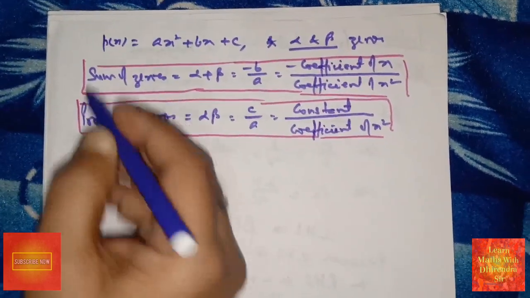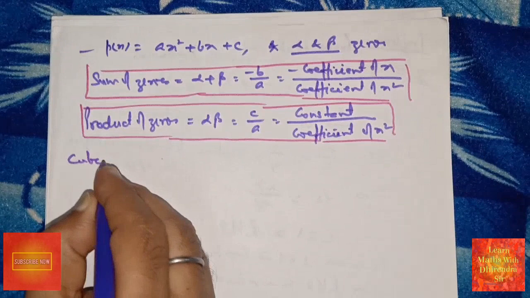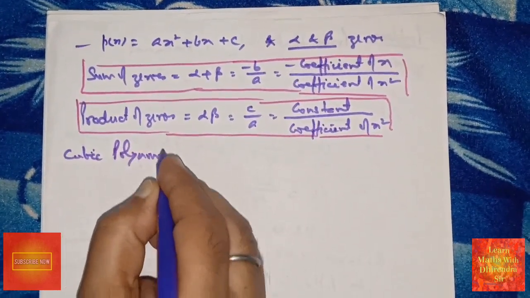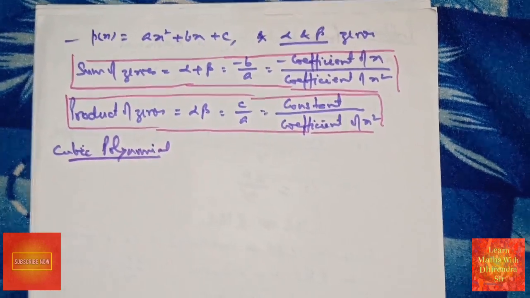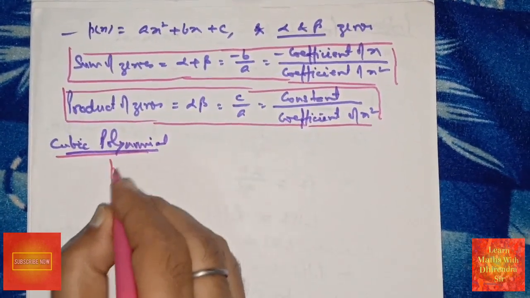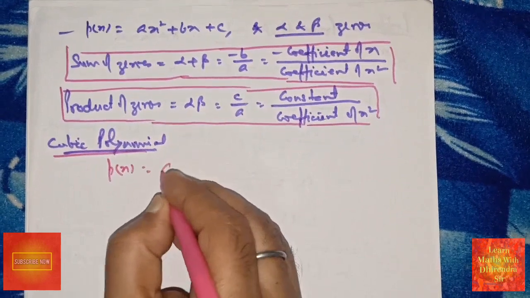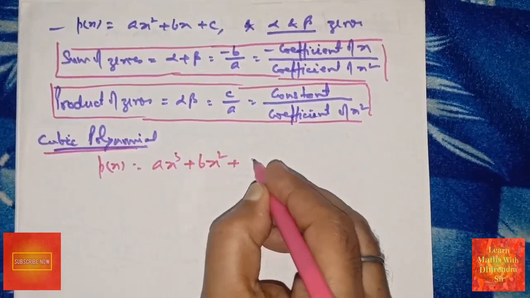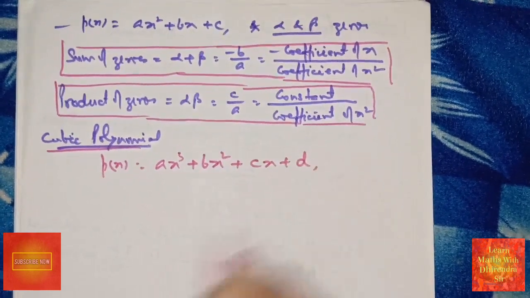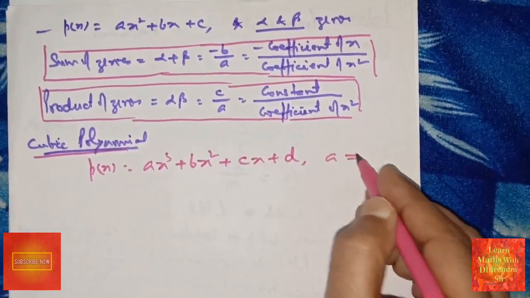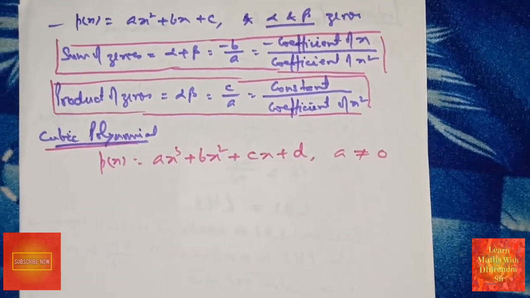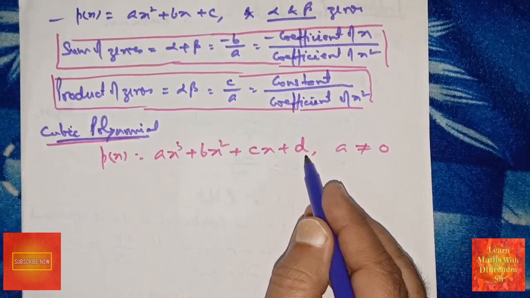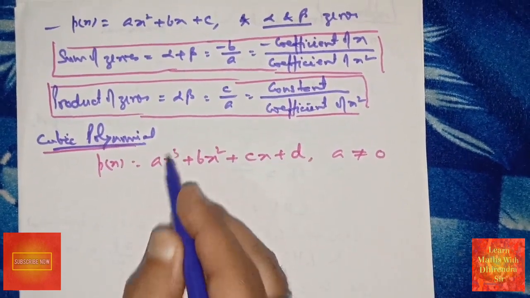Similarly, we got a cubic polynomial. What is the cubic polynomial? That is p(x) equal to ax cube plus bx square plus cx plus d. Here a not equal to 0. You know why it is a cubic polynomial? Because x power 3 is the maximum power.